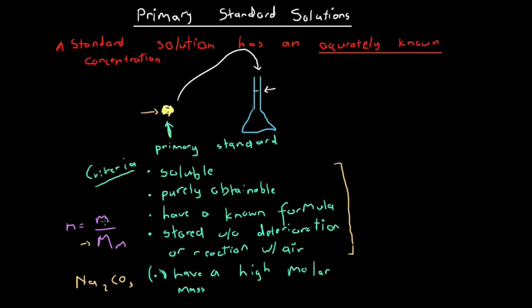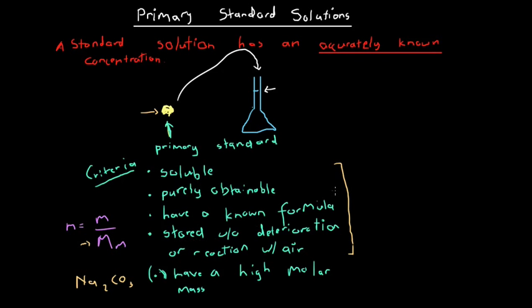The higher the molar mass is, the smaller this whole fraction is, and so the effect of any error in the numerator is going to be reduced by having a high denominator and having a high molar mass. So that's not really a criteria for calling something a primary standard, but it is a useful property that we may look for in a primary standard.